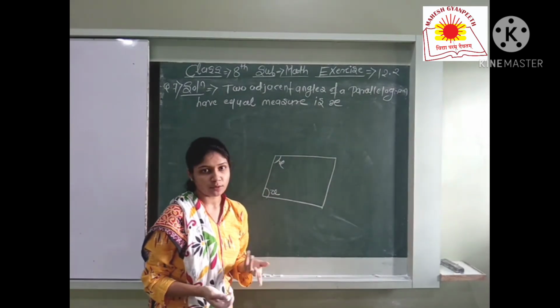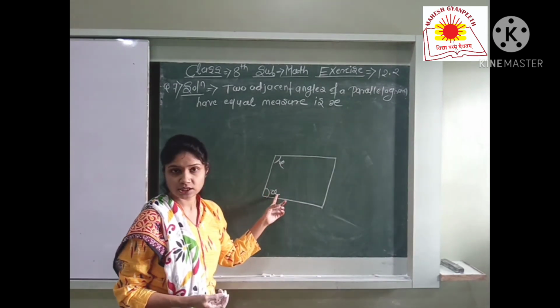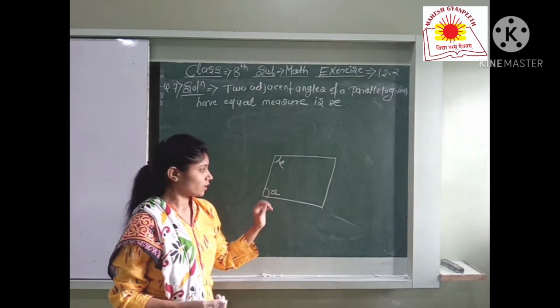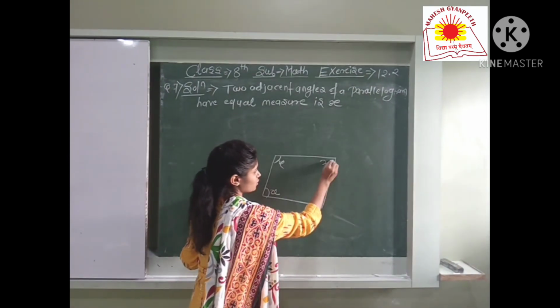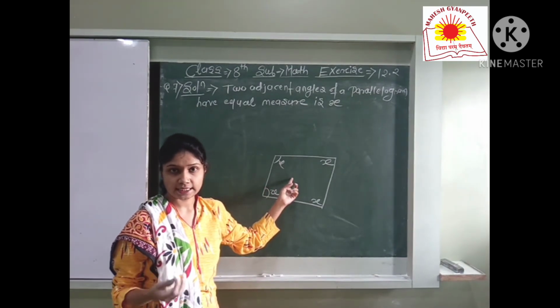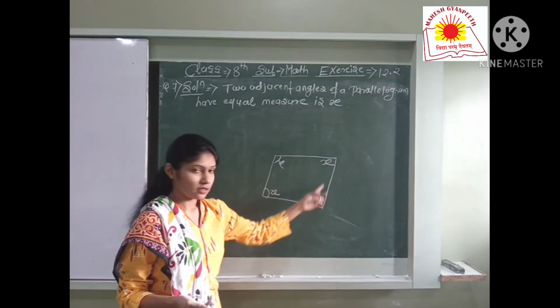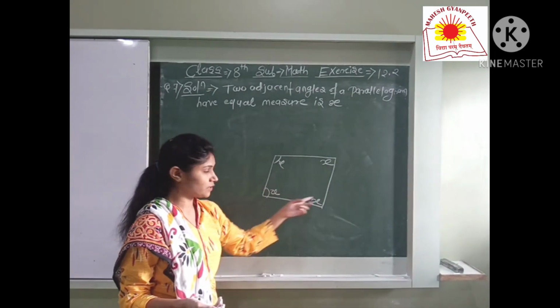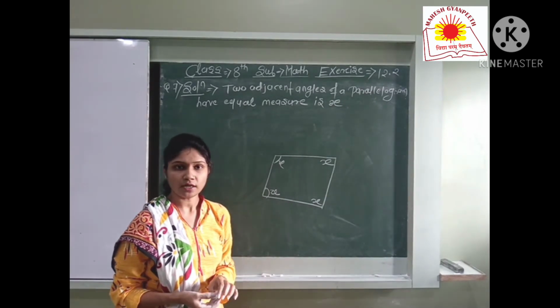All of you know that adjacent angles are supplementary, so x plus x is equal to 180 degrees. The opposite angles are also x. When we find the value of x, the same value applies to the remaining angles also. So first we have to find the value of x.